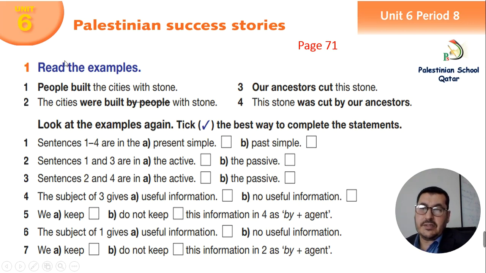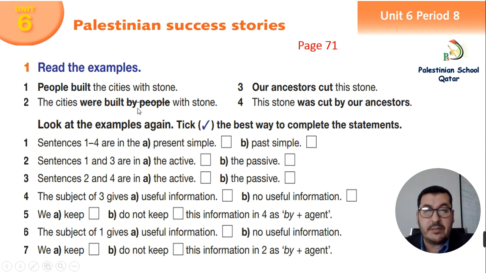Read the examples. Number 1, people built the cities with stones. Is this sentence active or passive? The sentence is active because here we don't have be and verb 3. Number 2, the cities were built by people with stone. This sentence is passive voice. How do you know? Because we have be and we have the verb in the past, verb 3.